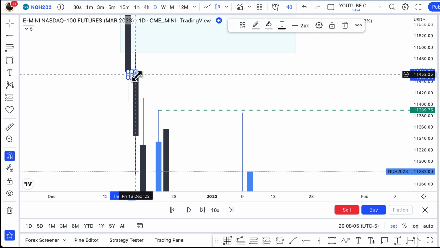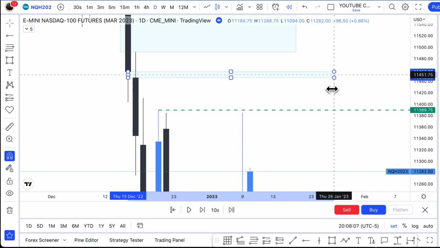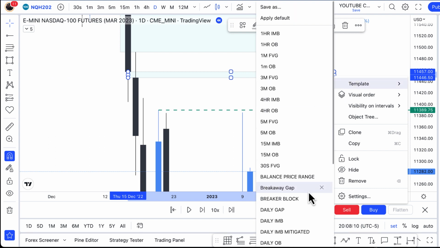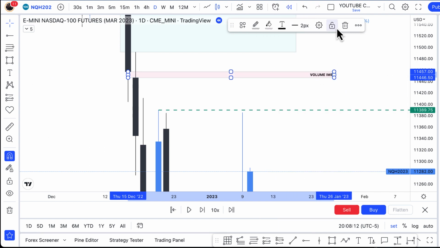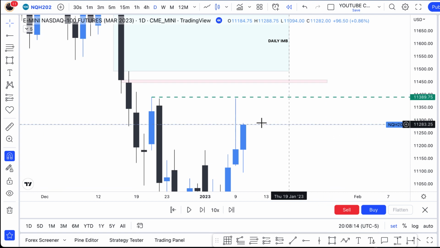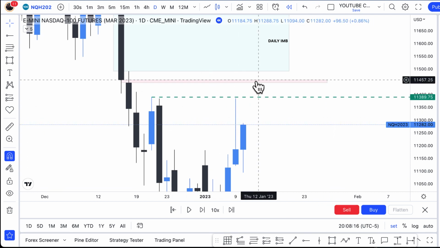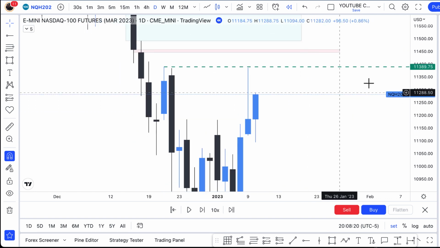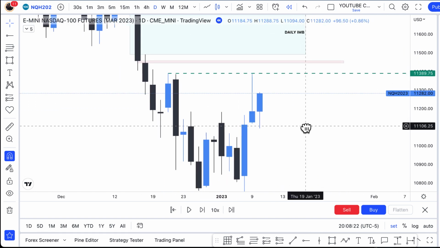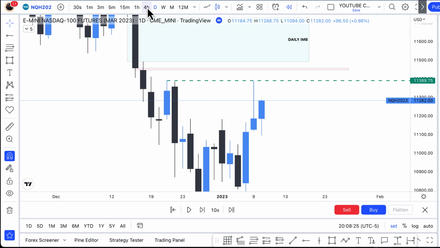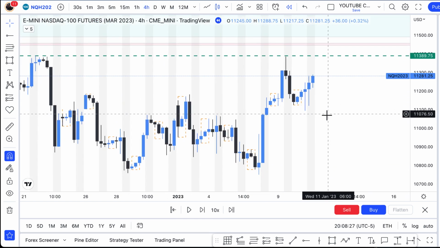This is a volume imbalance. So I had that area also marked. What that means is that the market is going to want to reach up there to rebalance those areas in simple terms. All right, so we move down to the 4 hour.